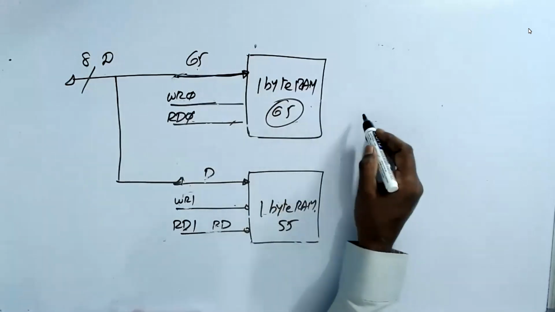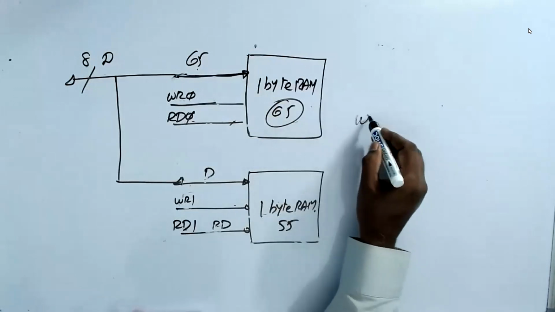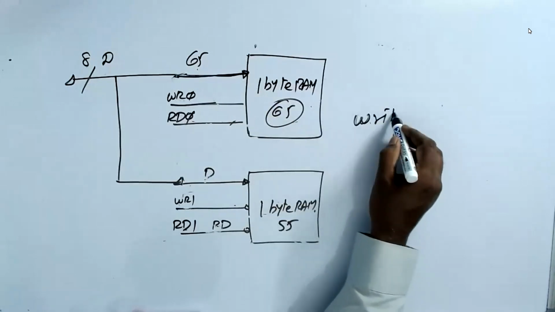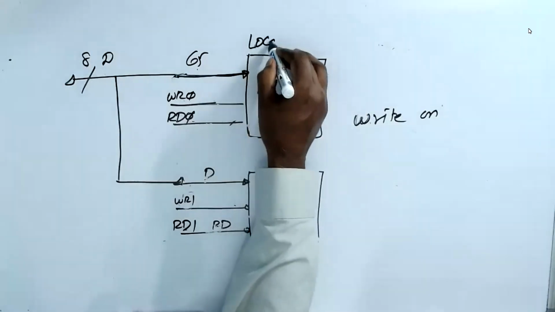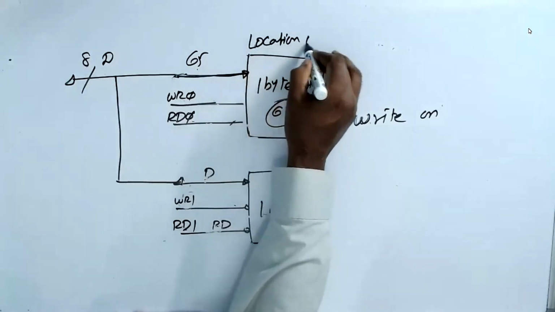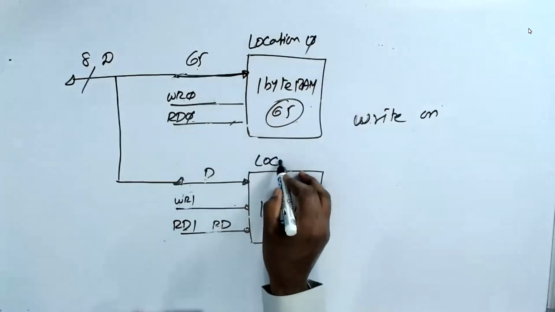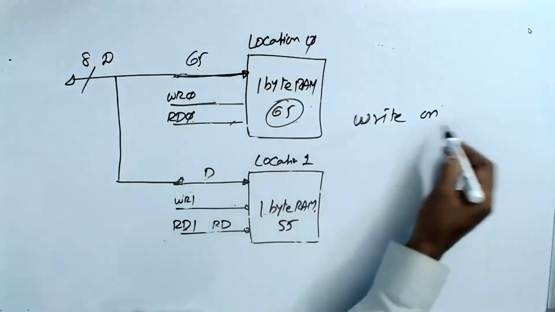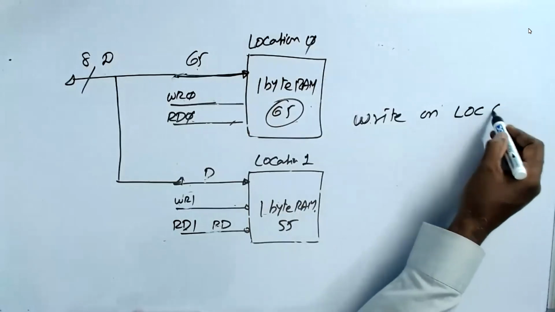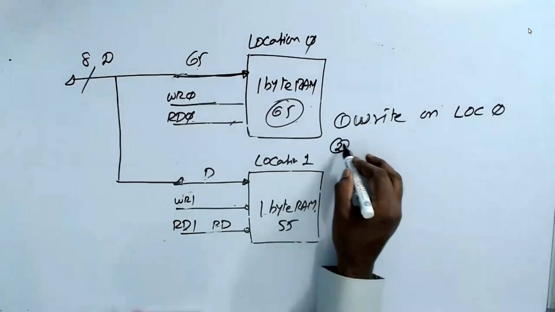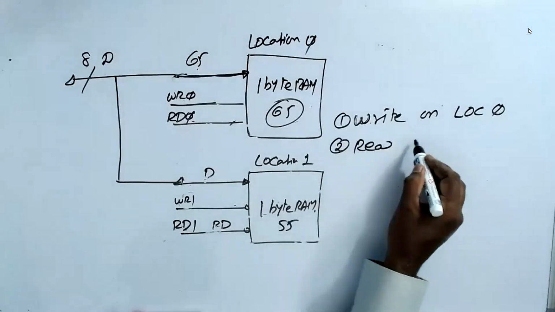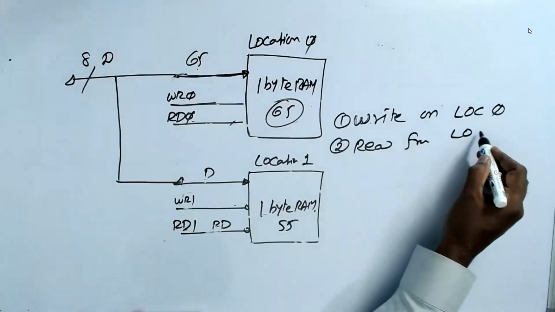Let me write them one by one. Write on, this is called location 0. This is called location 1. Write on location 0, that's the first operation. Second operation, read from location 0.